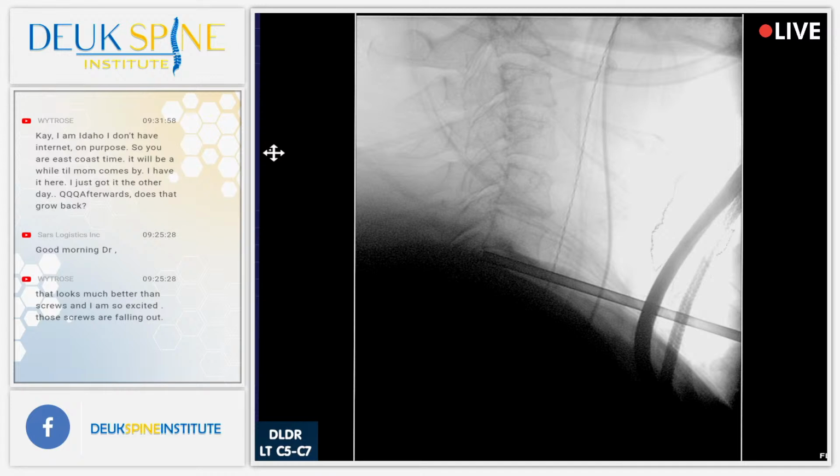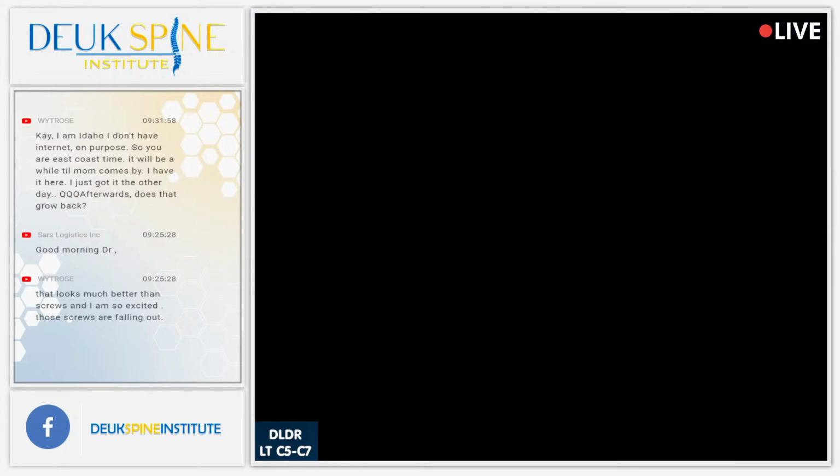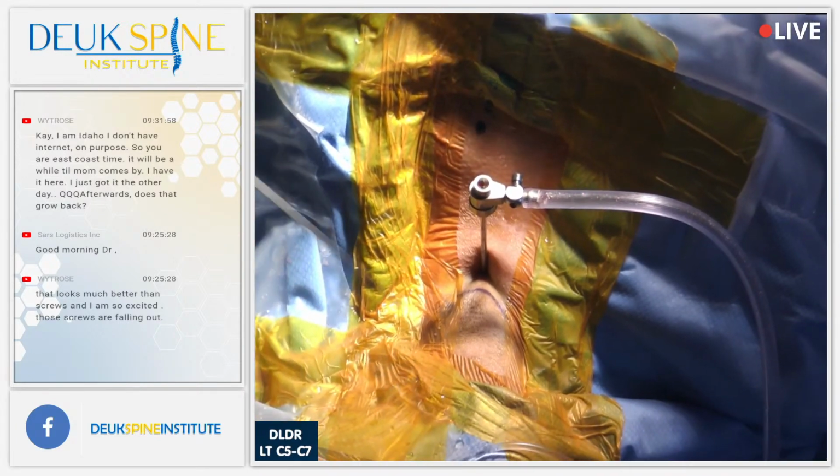And the Duke laser disc repair is really a surgery about debridement of the annular tear. Some people ask me, why does it have an unlisted procedure code, a 22899? The reason is there is no CPT code in existence for the Duke laser disc repair specifically, because it's its own unique procedure.